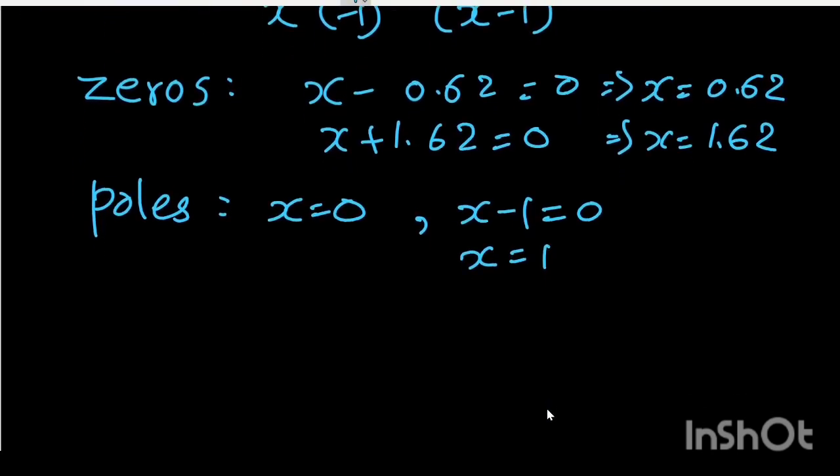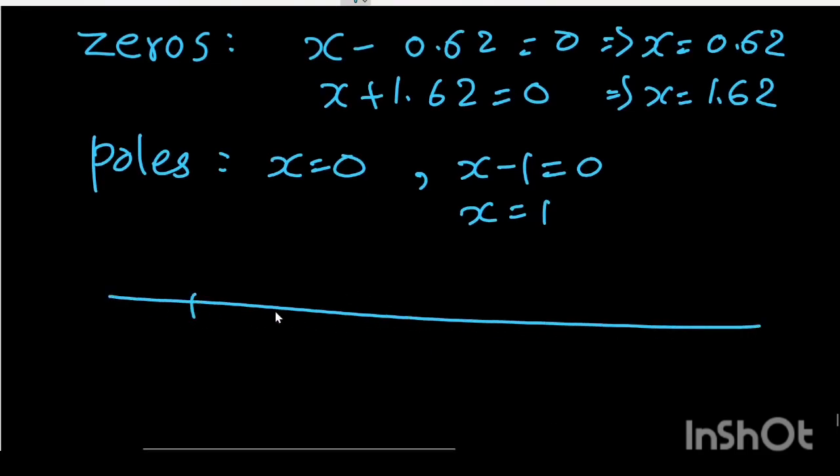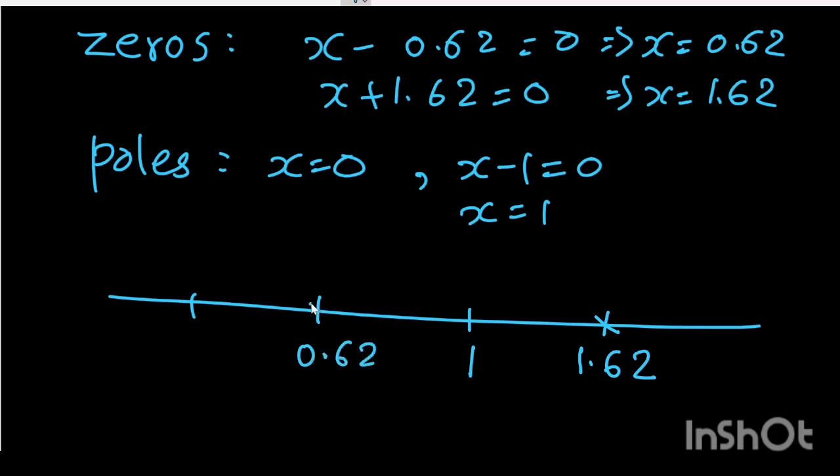So I will plot the zeros and poles on the number line. There are 4 values. The biggest of them is 1.62, as you can see, then after that it is 1, then 0.62, then 0. So writing plus, minus, plus, minus, plus.